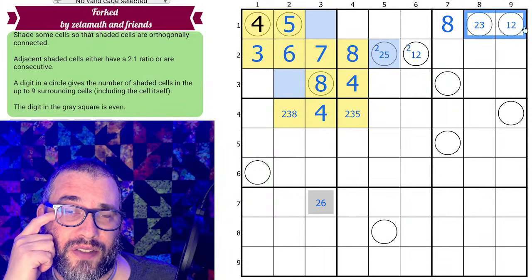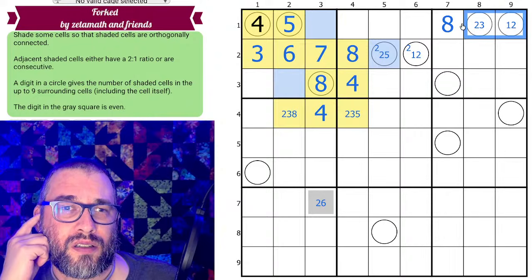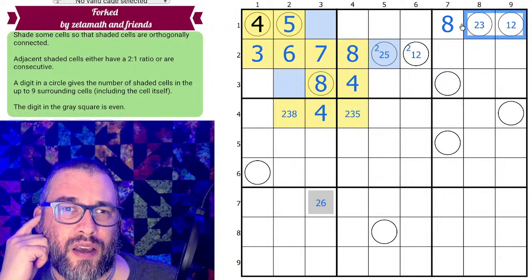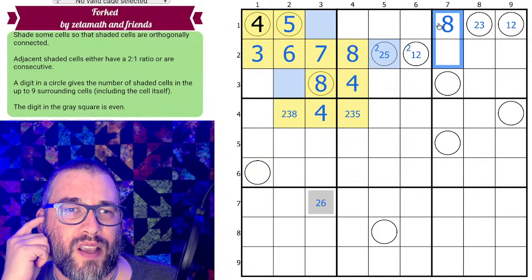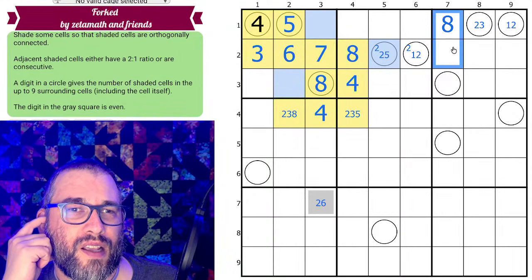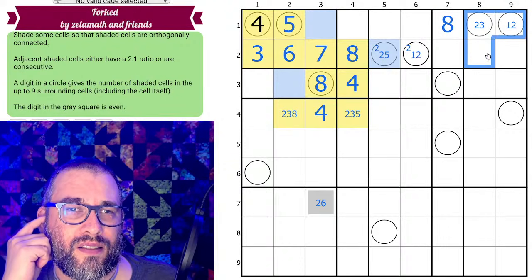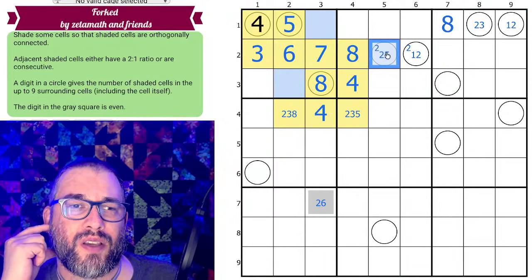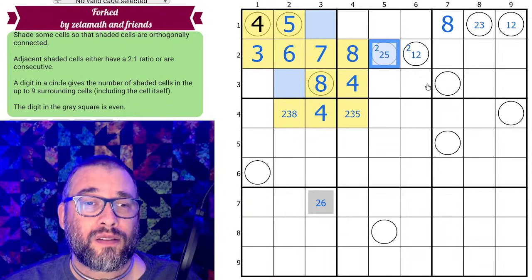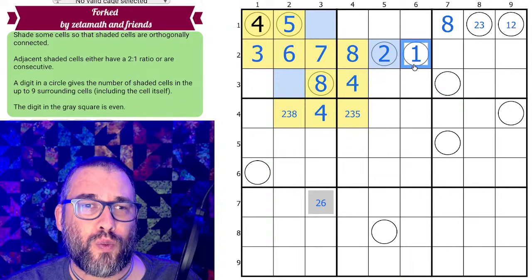So then the argument is that these are the same number? Yeah. Because they both see all of these cells, and this one sees these cells, but if neither of these cells is shaded, then these only get these cells, and these are the same. So the 5-2 doesn't work. So this is a 2-1.